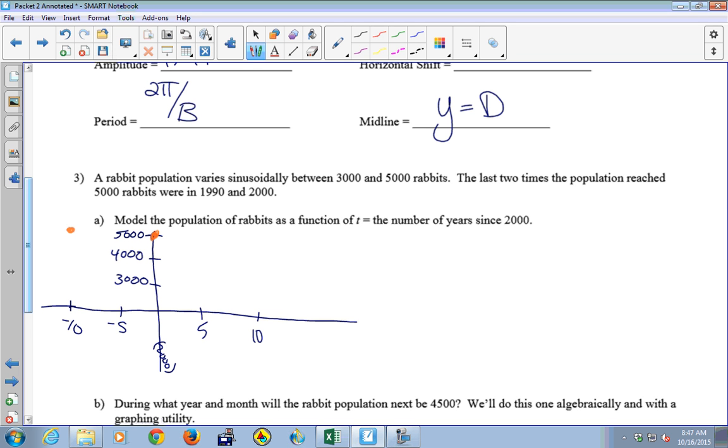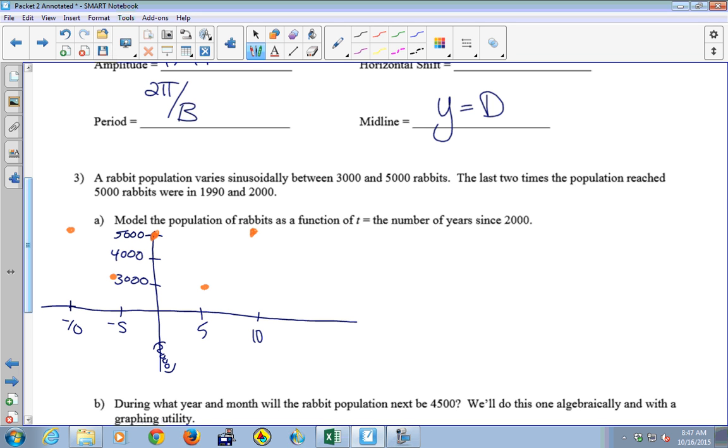Because this is sinusoidal, it's going to hit a peak at the same interval, right? So it would be 5,000 again in 2010. Make sense? And then it's going to hit its minimum value halfway between its maximums. So it will hit 3,000, its minimum, in 1995 and in 2005.